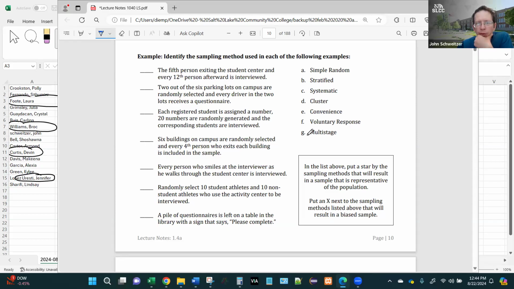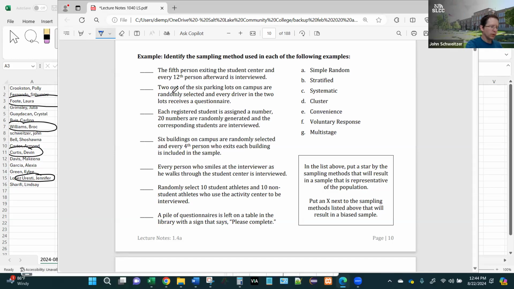There are 7 different kinds of samples we discussed, and 2 of these are not good ones. 2 of them are ones we want to avoid, so I want you to put an X by those. I'm going to go quiet. We don't have a ton of time, but I think we have enough time to finish this, and that'll get us to where we need to be for today. So I'll go quiet for a couple minutes, let you guys finish this, and then we'll come back together and talk about it.